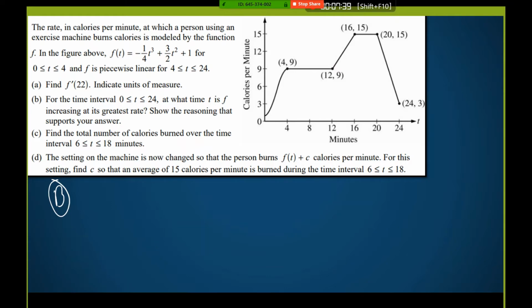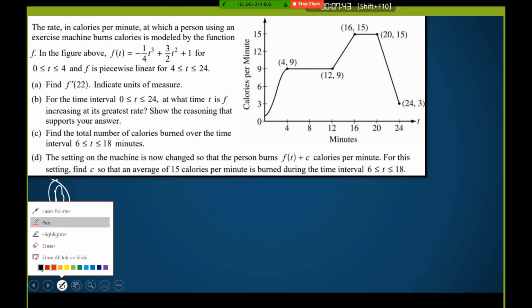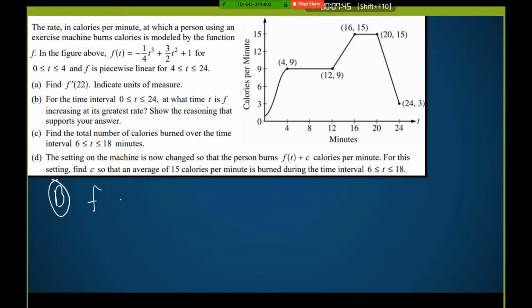And then one more. From the beginning to x equals 4. Okay. And from t equals 12 to t equals 16.